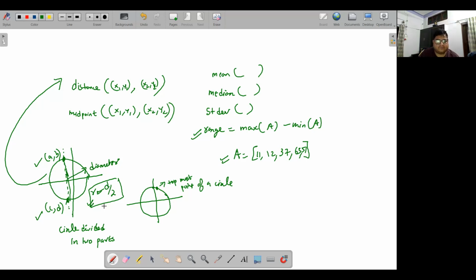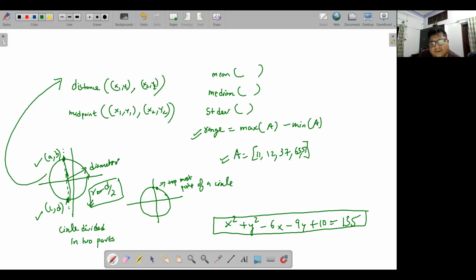And where we get stuck is if we get this type of an equation, x square plus y square minus 6x minus 9y plus 10 is equal to, let's say, 135. So this equation, it's very difficult to solve.